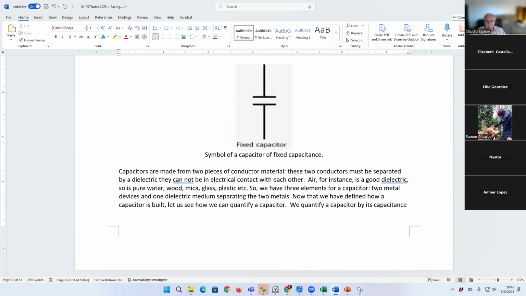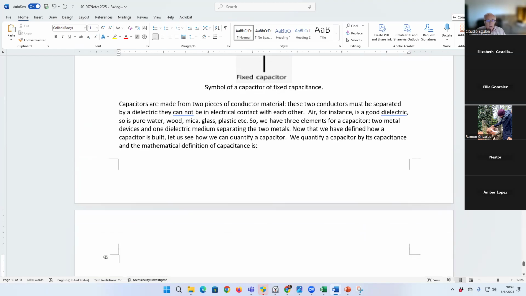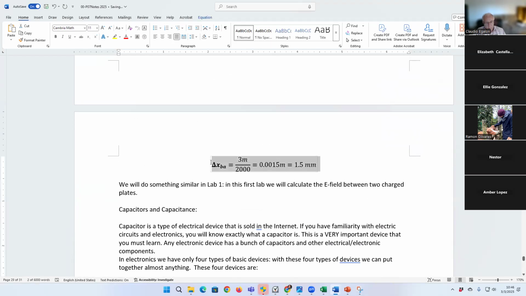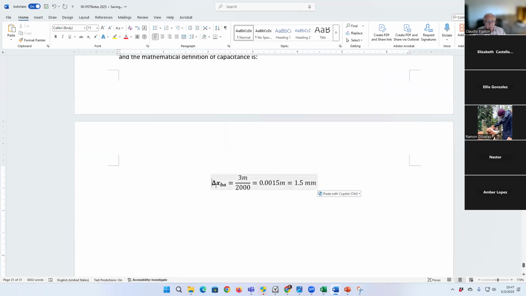There is a number associated with a capacitor, and the mathematical definition of capacitance is, make sure you memorize this relation, big C is going to be delta Q over delta V. That's how we define the capacitance.